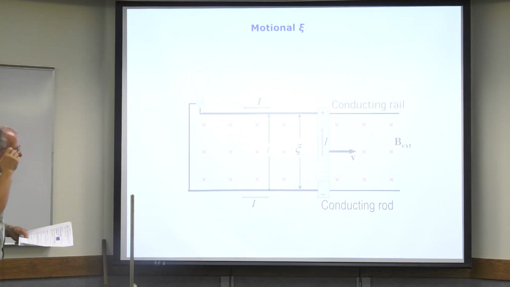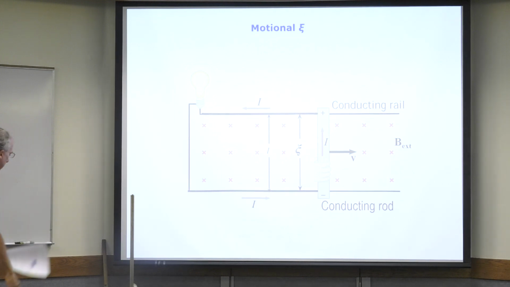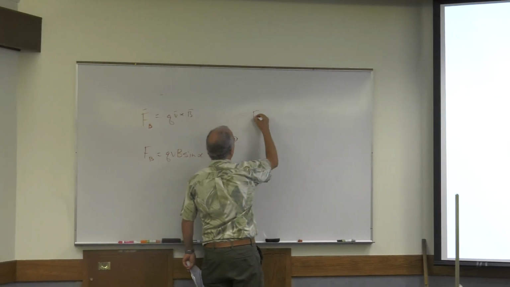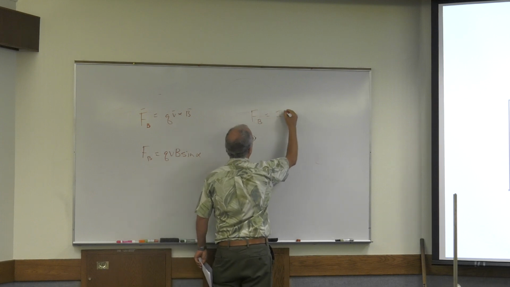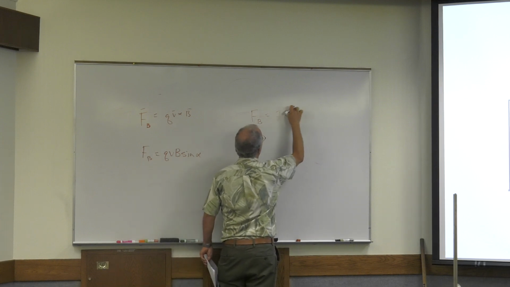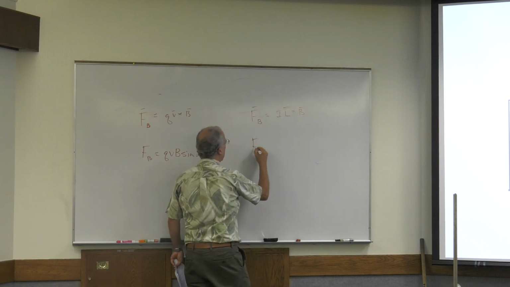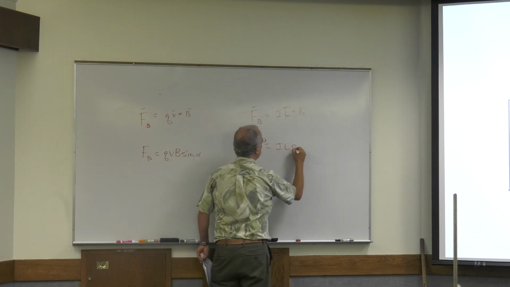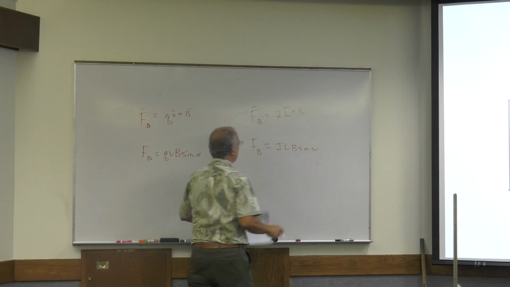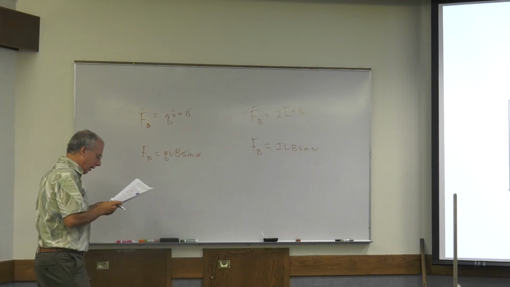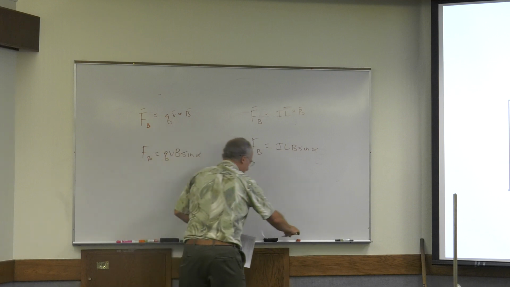And if so, what's the direction? So now you have to use that other formula. Remember, there are these two force formulas. This is with moving charges, then the one with the wire was F_B equals I L cross B. Or we had F_B equals I L B sine alpha. Remember that one?